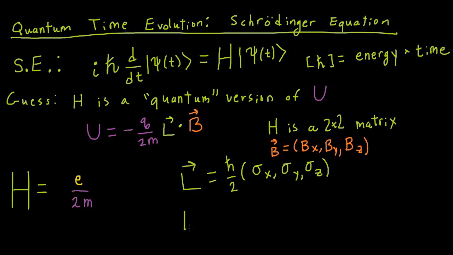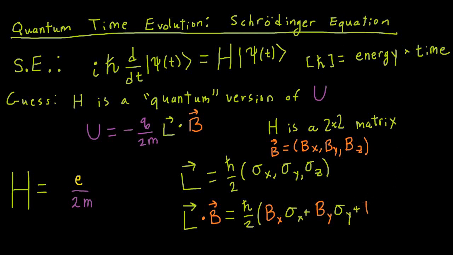Well, just borrowing the notation for the dot product, it turns out that L dot B should just be h bar over 2 times B sub x sigma sub x plus B sub y times sigma sub y plus B sub z times sigma sub z.